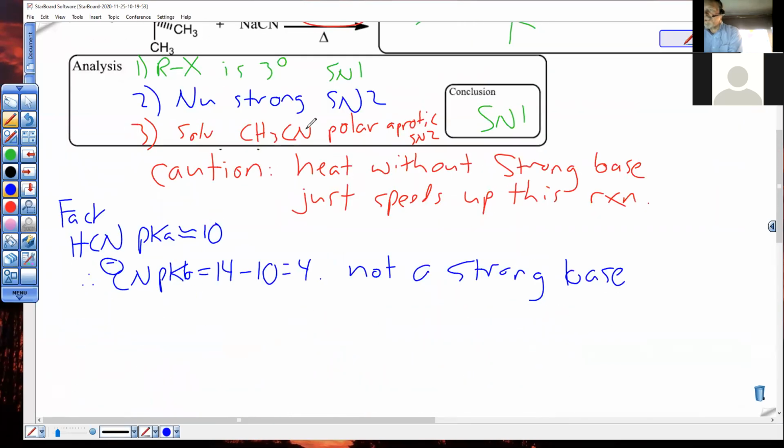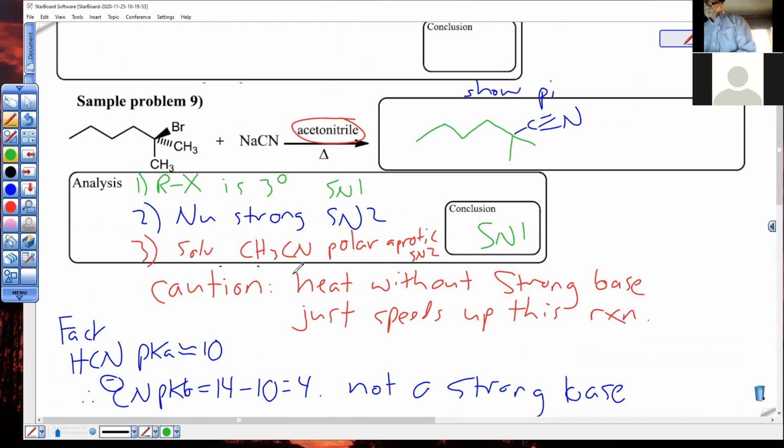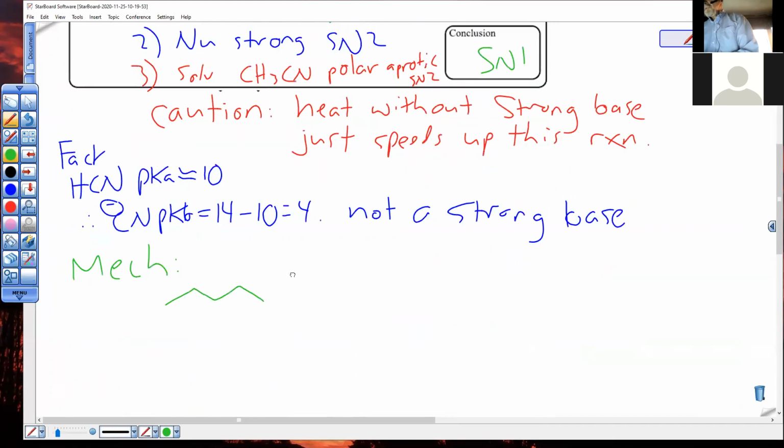Okay, so here's the E1. The mechanism starts like this. How many carbons we got there? 2, 4, 5, 6. Is it a bromine?